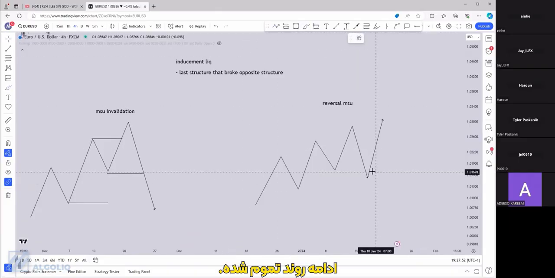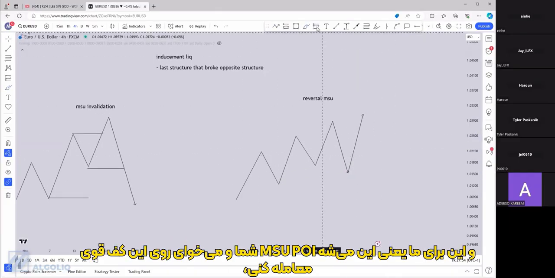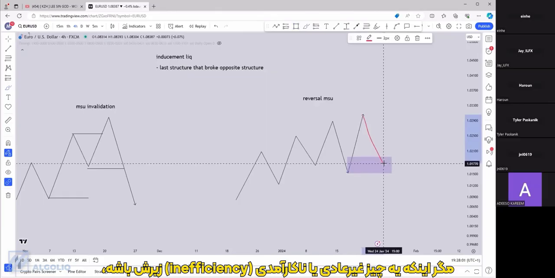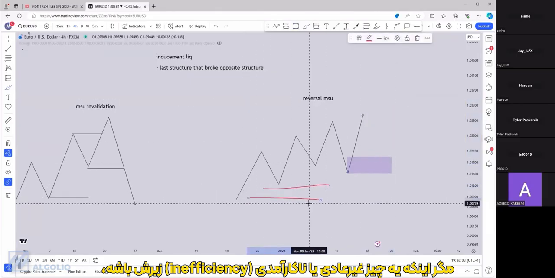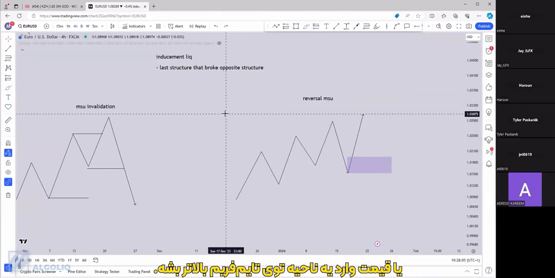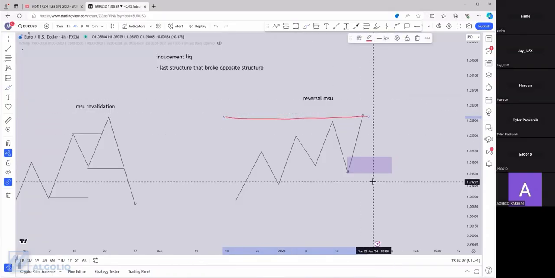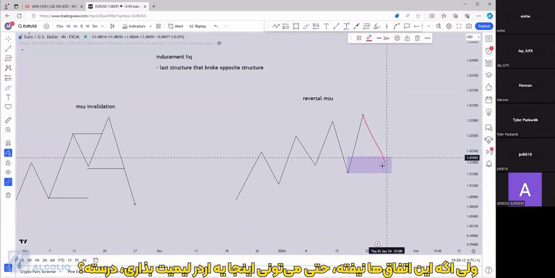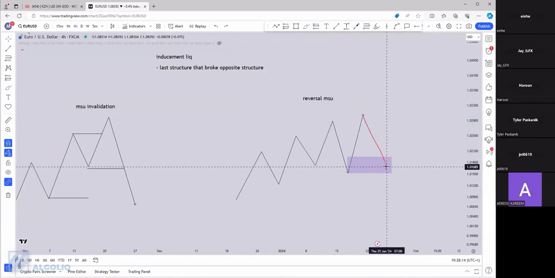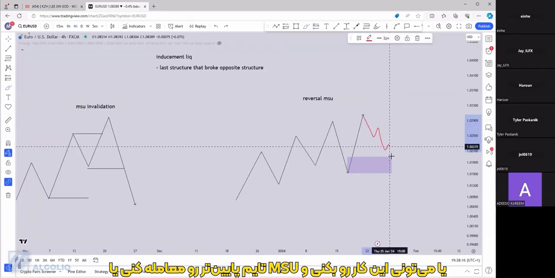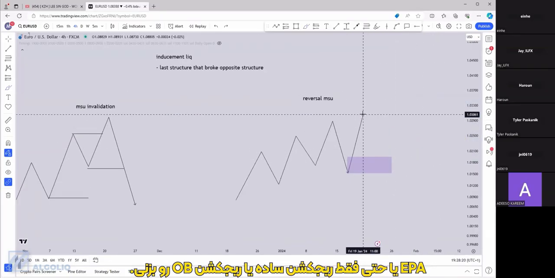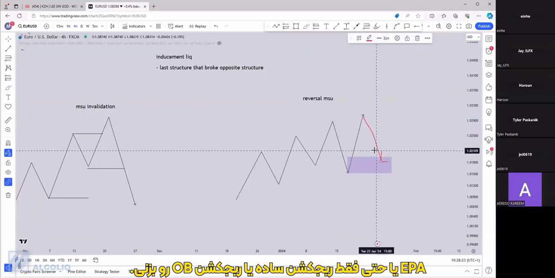The continuation is finished, and what it would mean for us is this becomes your MSU POI, and you want to trade this strong low, unless there's something crazy or inefficiency below, or we tap into something on a high time frame. But if nothing like that happens, we can even put a limit here, right? Or you can do this and trade lower time frame MSU or EPA, or just trade a simple rejection, OB rejection.